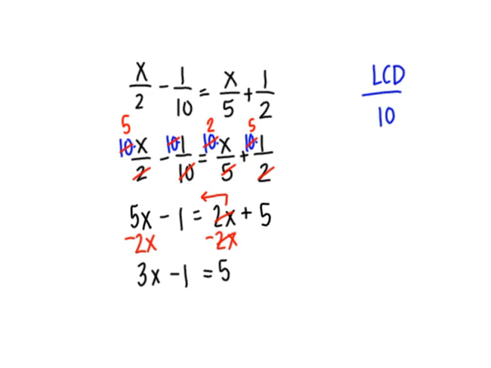Next, I need to get rid of the 1, so I'm going to add 1 to both sides. And that gives me 3x equals 6. That's 3 times x, so the opposite of times is to divide. So I'm going to divide both sides by 3, and my final answer will be x equals 2.